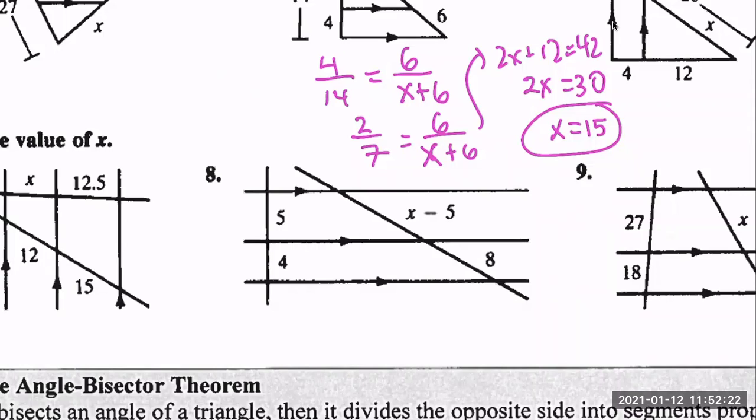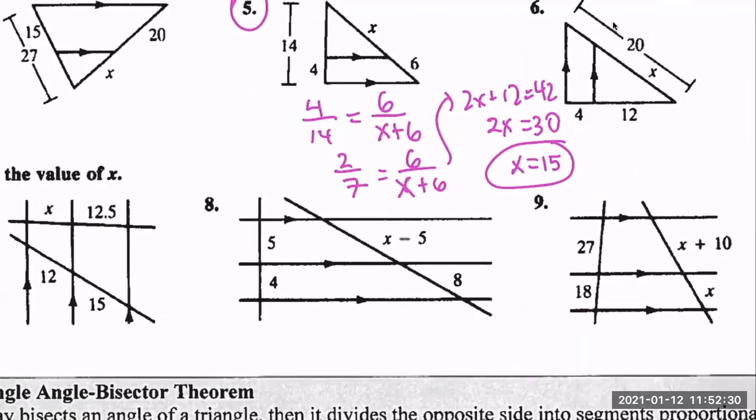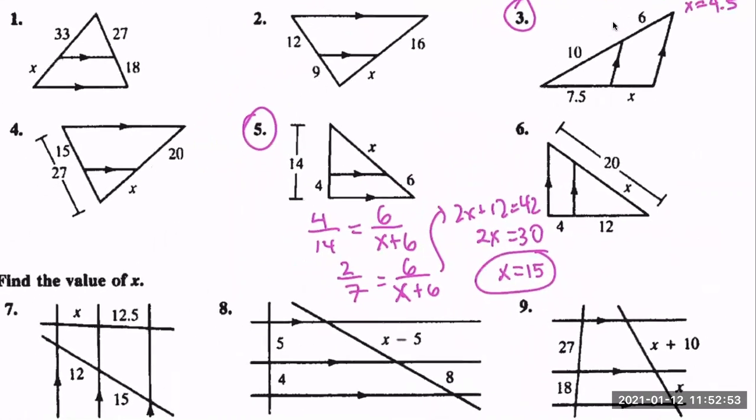If I can have you guys type in yes, we're okay to move on. And if you type in no, that means that you would like to see another example with the triangles. Yes is it's okay to move on. Okay, and if you did type in no, can you go ahead and specify if I lost you on the problem, if it was question 3 that you struggled with or question 5?